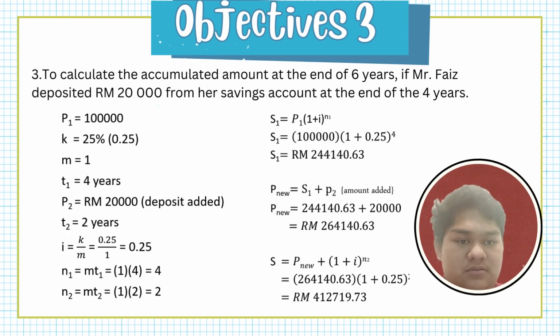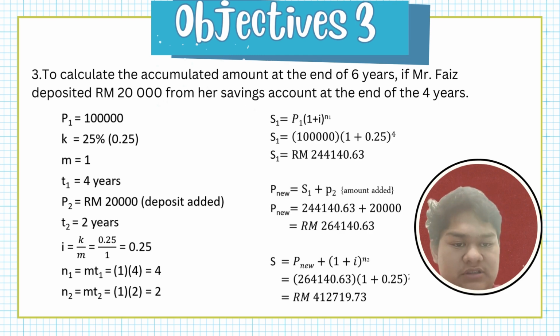P new is equal to S1 plus P2. P new is equal to 244,140 ringgit and 63 cents plus 20,000 ringgit. P new is 264,140 ringgit and 63 cents. S equals P new times in bracket 1 plus I close bracket to the power of N2.